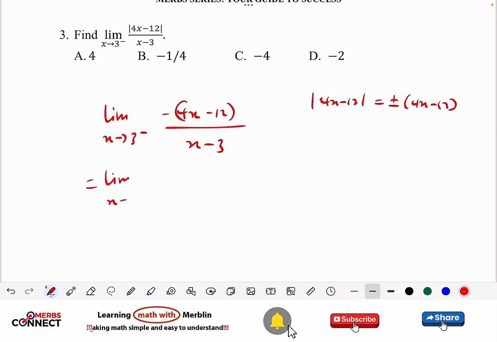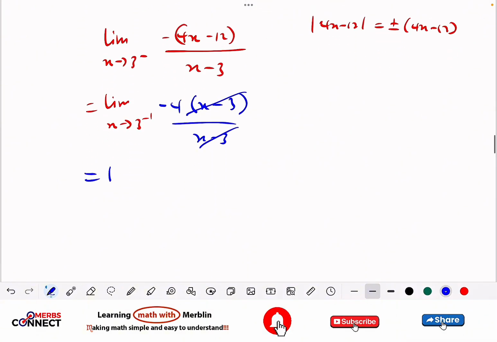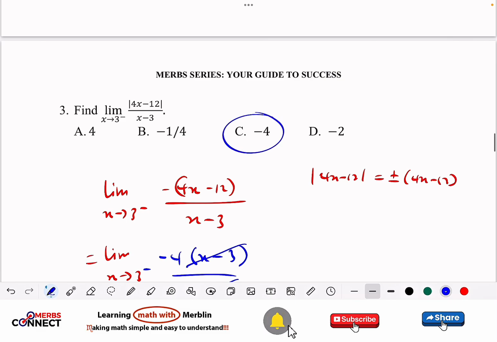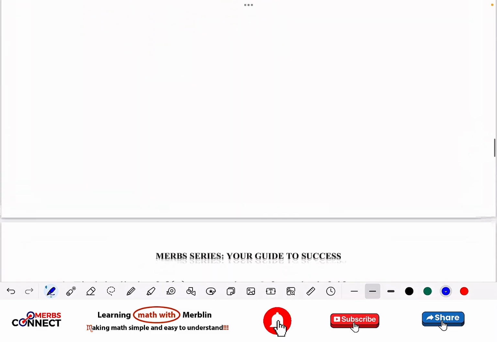Limit x is approaching 3 from the negative side. I can factor 4 out and have x minus 3 divided by x minus 3. This cancels this. And I'm going to have limit x approaching 3 from the negative side of minus 4, and this is minus 4. See, it's very simple, easy, straightforward.